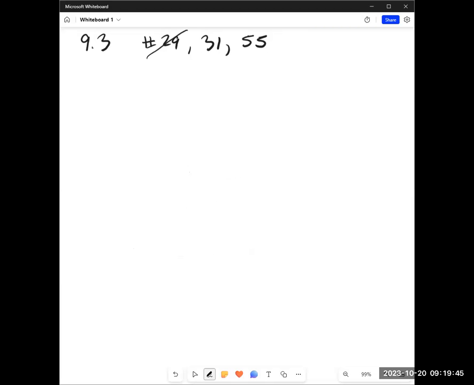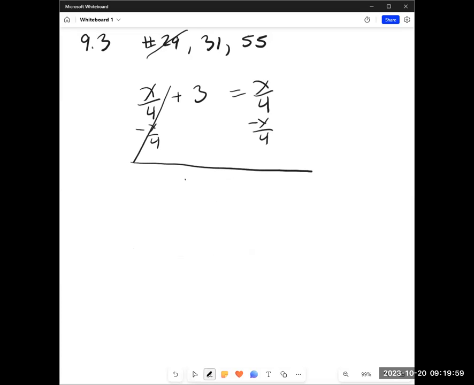Now let's look at the one that's like number 31, x over 4 plus 3 equals x over 4. So we're going to subtract x over 4 from both sides to get our variable parts together. When we do that, we're left with 3 on the left-hand side.